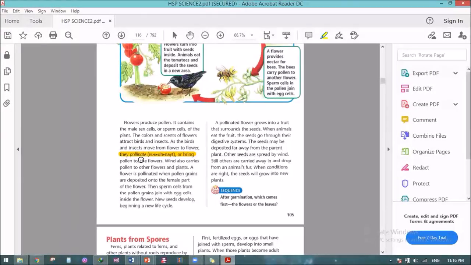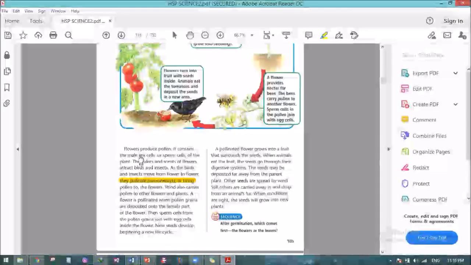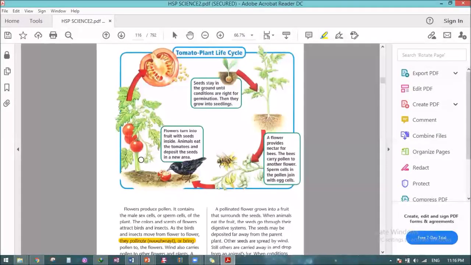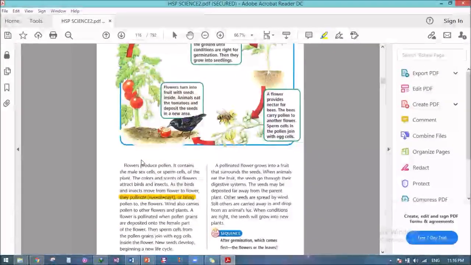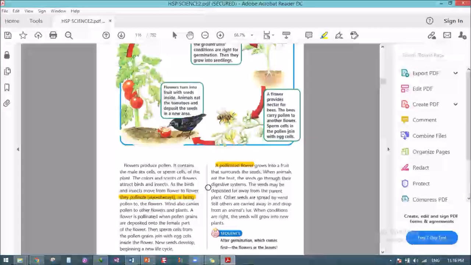Pollination is for the pollen to move from the male part to the female part to join the egg and then form seed. When the flower is pollinated, which means pollen joins the egg, now it will turn into a fruit.